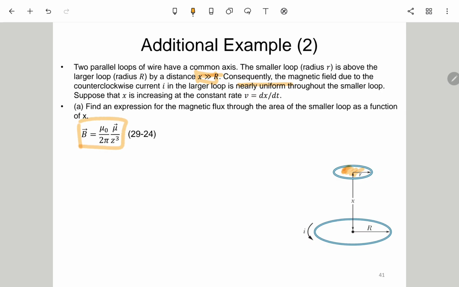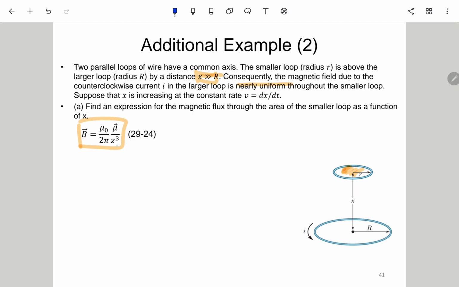The B field generated by the magnetic dipole. Here we already assume that x is much larger than capital R. In the previous example, we just used z equal to 0. In the denominator we still have z squared plus R squared to the 3/2 power, but here we already assume that R is much smaller than x, so we only have this one.